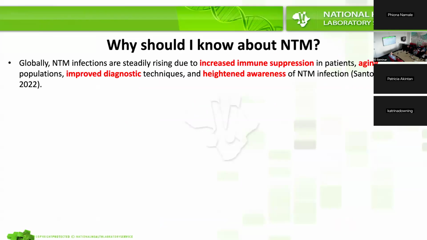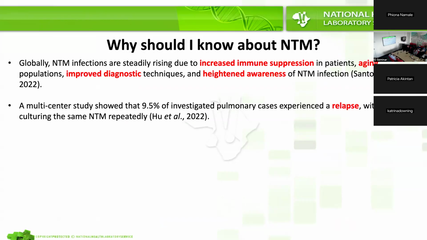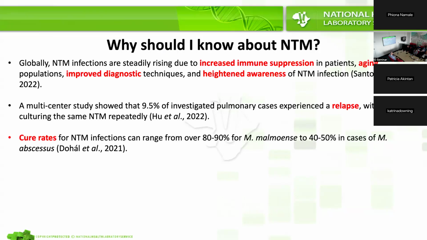So why should we know about them? Well, globally, NTM infections are rising due to increased immunosuppression, or patient populations are aging, but we also have better diagnostics, and we also have better clinical awareness of them. Some studies show that NTM infections, especially from pulmonary sites, can have high rates of relapse, and in almost a quarter of them, they're culturing the same NTM repeatedly.